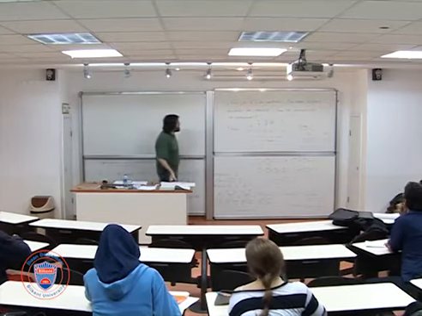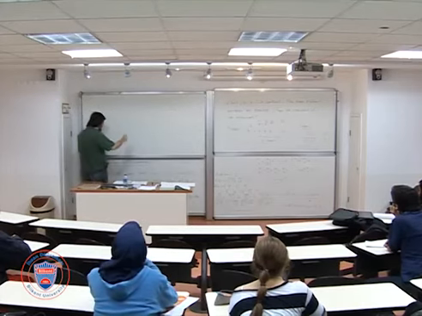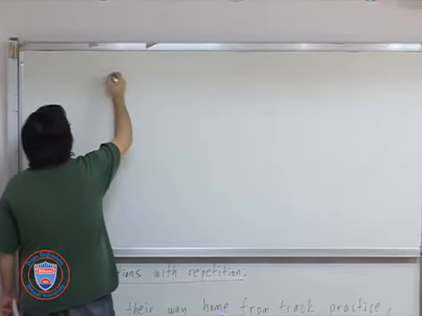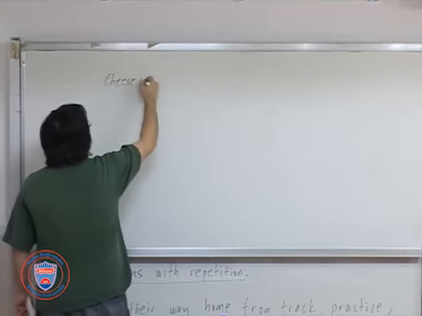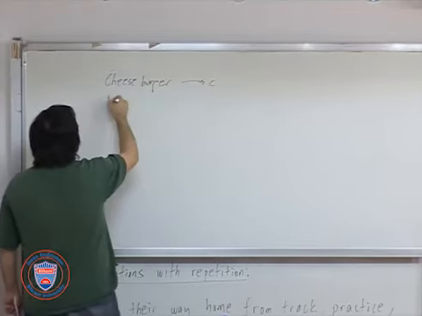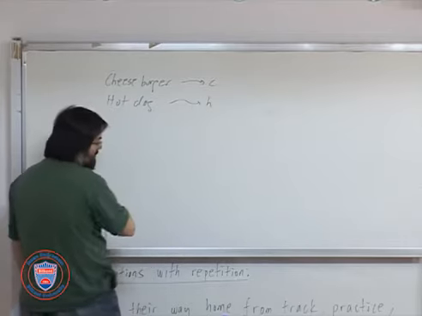They just want to know how many of each item is being ordered. So say we have a cheeseburger, and we use the letter C for it. We have the hot dog, use the letter H for it.